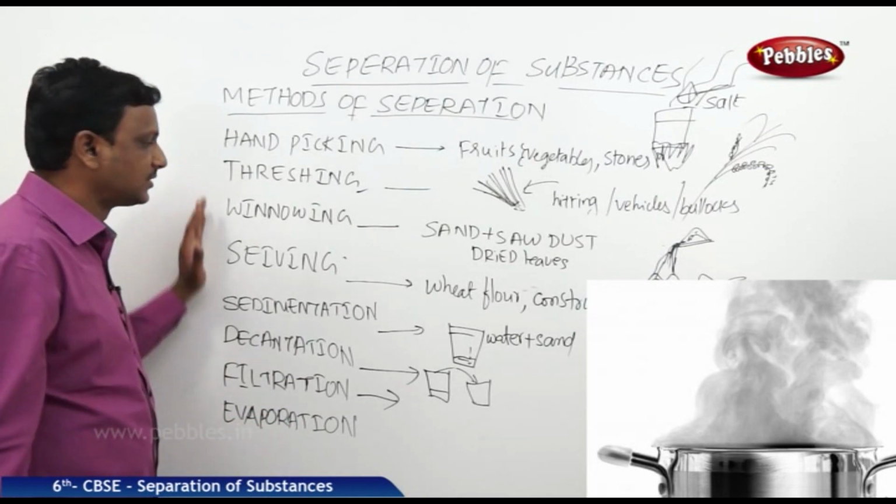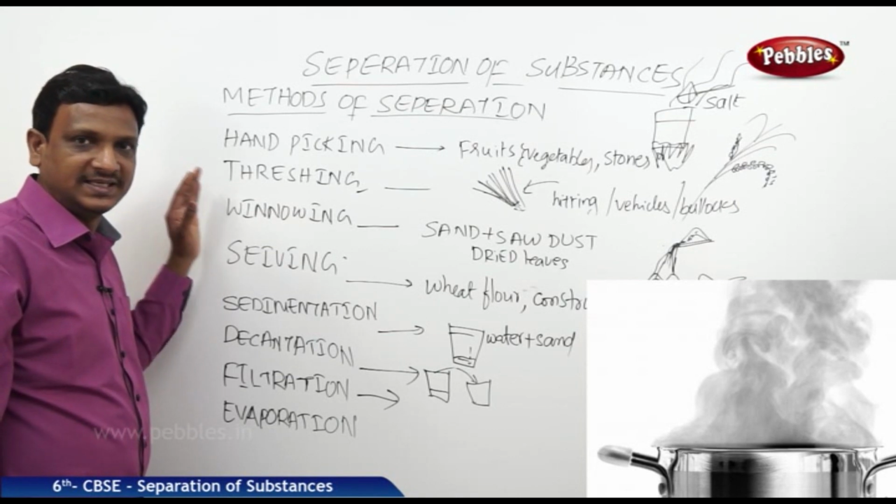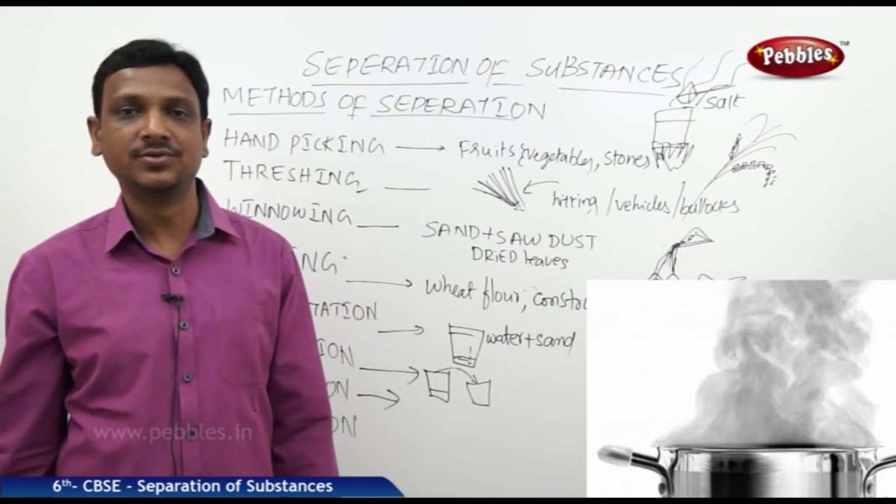So all these are various processes that we use in our day-to-day life. Even at your home, you can watch it in the kitchen, and the same methods are used in industries also.